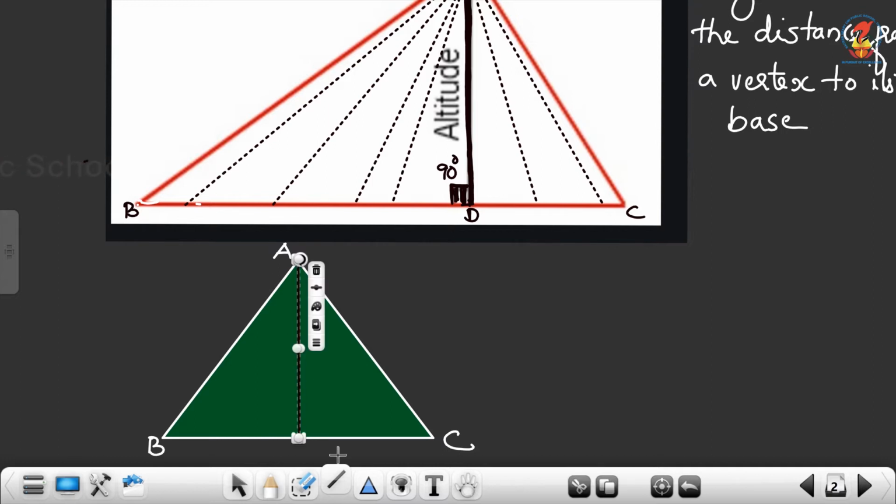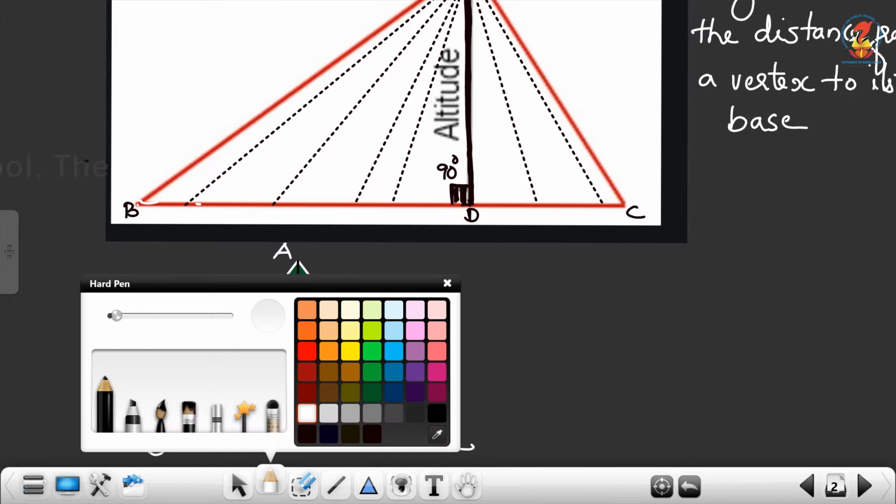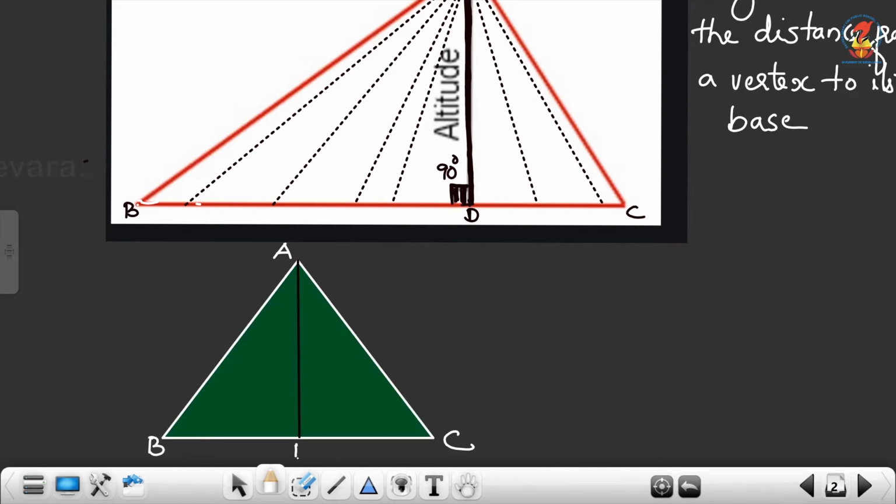So AD is the altitude. Then from B also we can draw an altitude to the opposite side. So here CA is the opposite side. So from B we can draw an altitude.